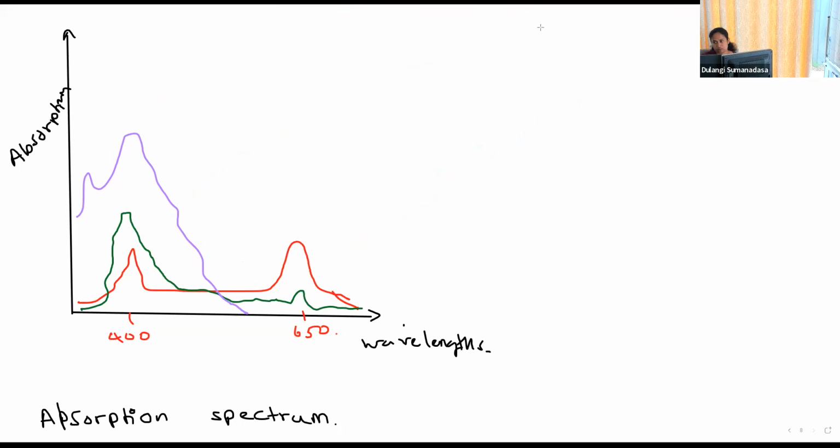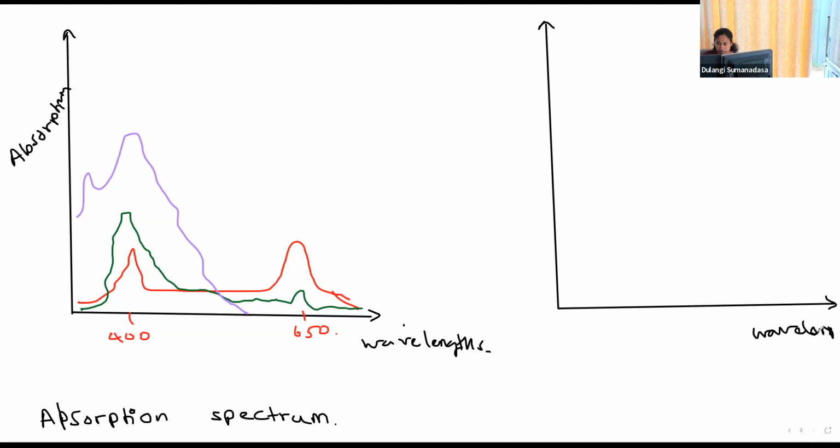So when it comes to the glucose production, I'm going to draw the second graph. The x-axis is still the wavelength, but the y-axis is the amount of output, the photosynthesis output, or the glucose production.